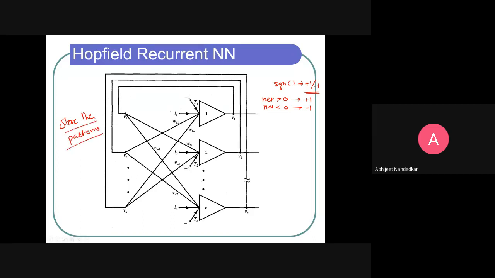So storing of the pattern happens with the help of, say, energy. Now this is one thing, that there is self feedback absent, and actually there are feedbacks without self feedbacks.